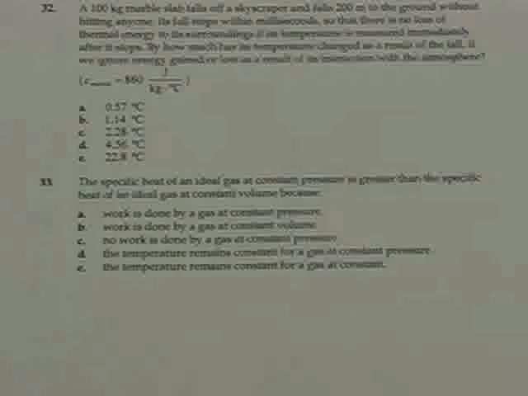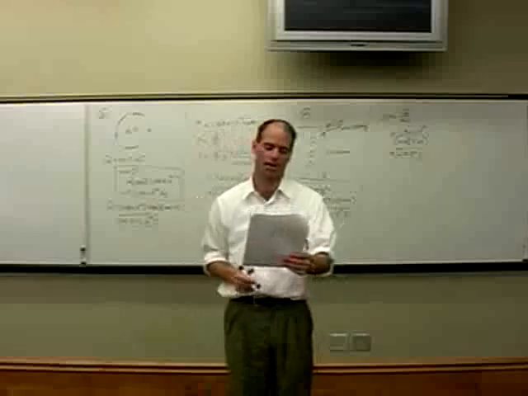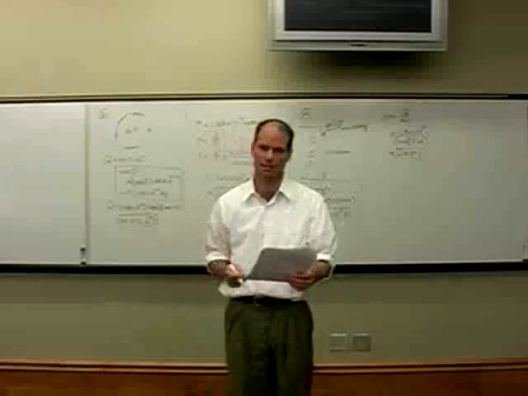Problem number 33. The specific heat of an ideal gas at constant pressure is greater than the specific heat of an ideal gas at constant volume because, what if you have a gas at constant volume?